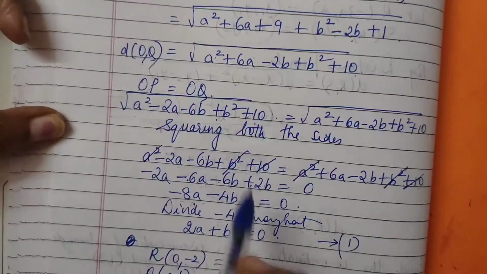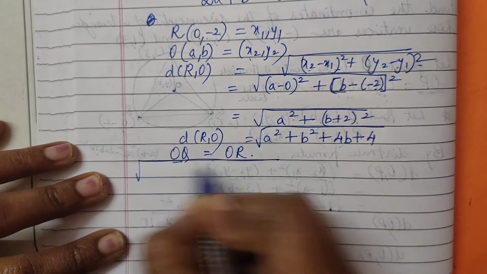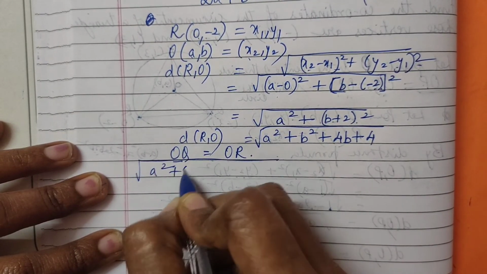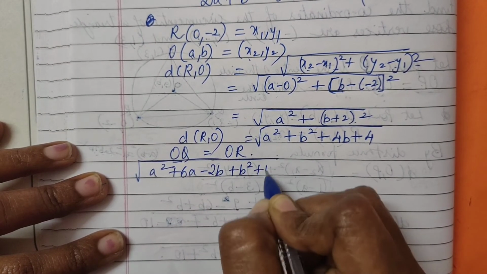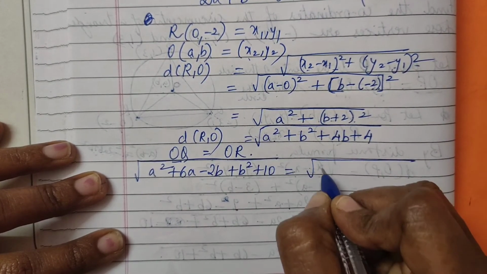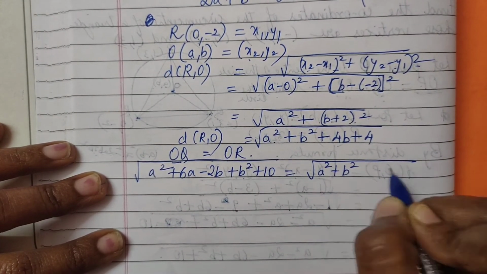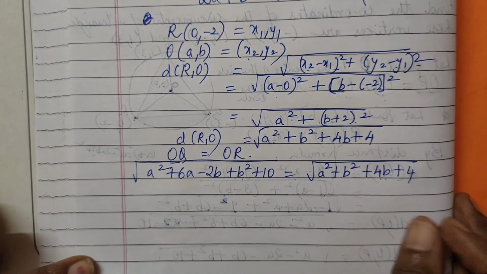So now OQ, what did we get? We have found out OQ, we will write it here: a square plus 6a minus 2b plus b square plus 10. And what did we get for OR? We have it in front of us: a square plus b square plus 4b plus 4. What do we have to do right now?